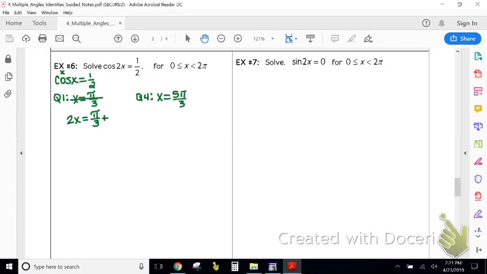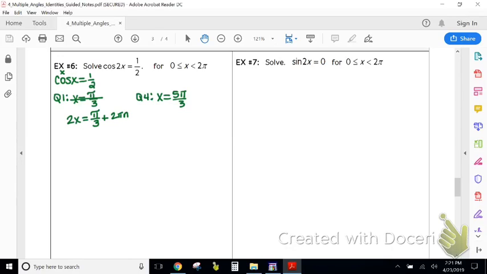Do you remember? 2 pi? 2 pi over b, so it's just 2 pi, okay? So plus 2 pi n, where n has to be an integer, an element of the integers.